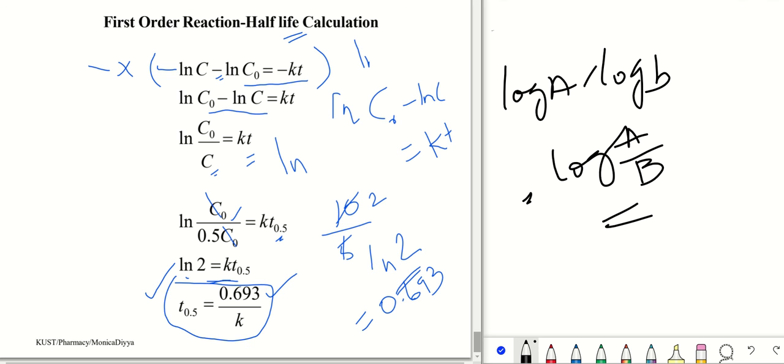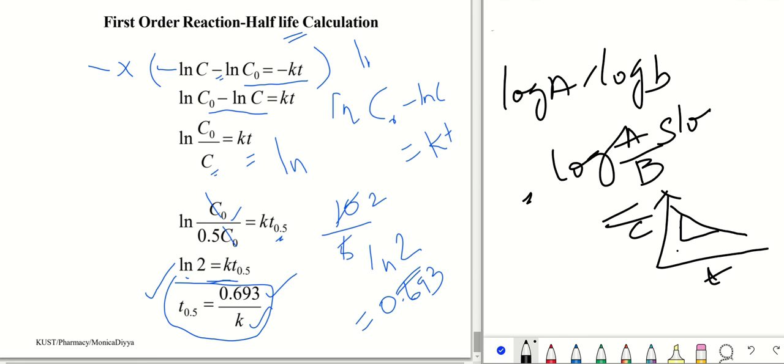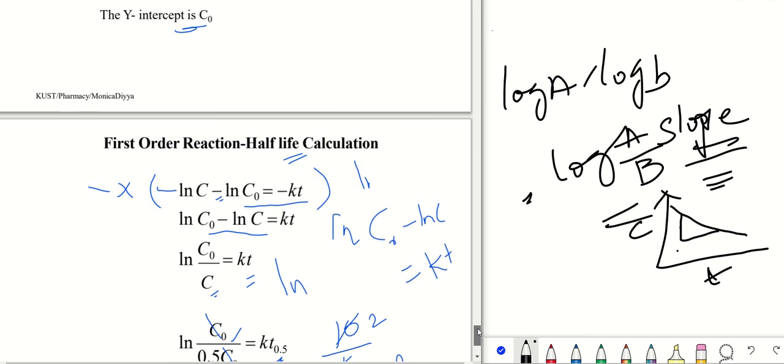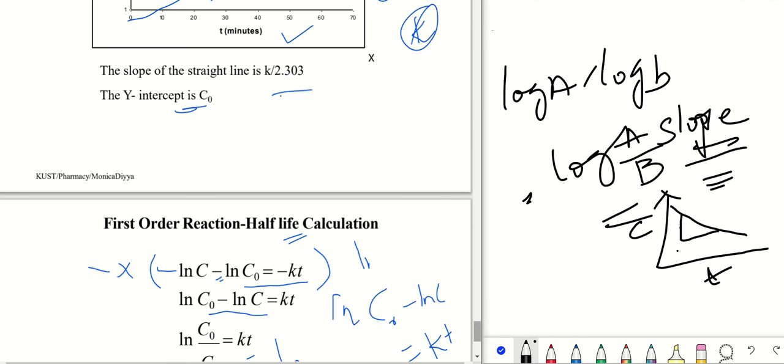So how can we determine k? From the graphical plot. Say if this is the graph, here we'll be taking time on the x-axis and concentration terms on the y-axis, and we need to plot a graph, and then we need to calculate the slope. The slope is equal to k by 2.303.